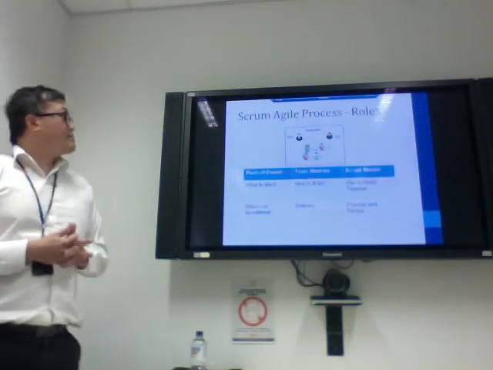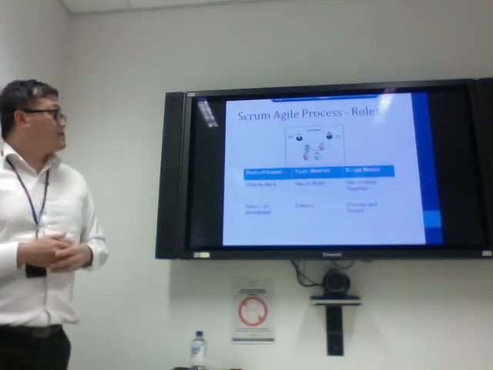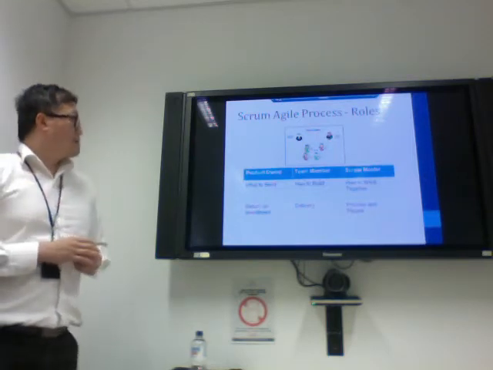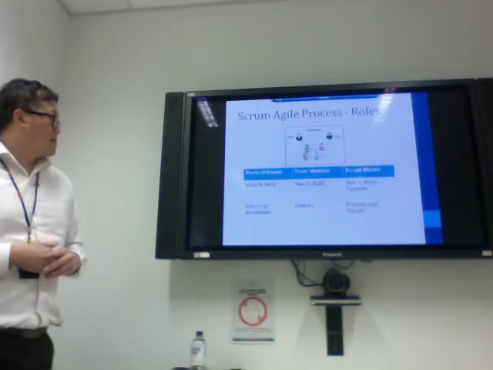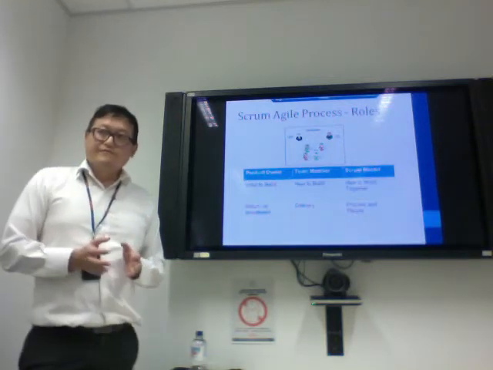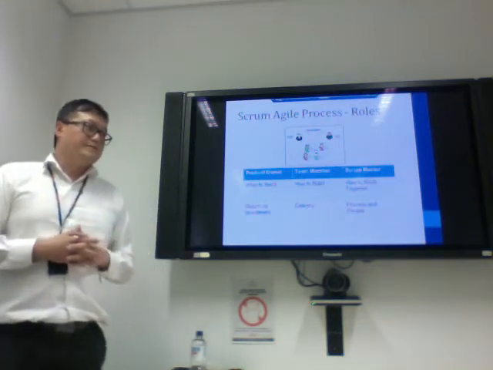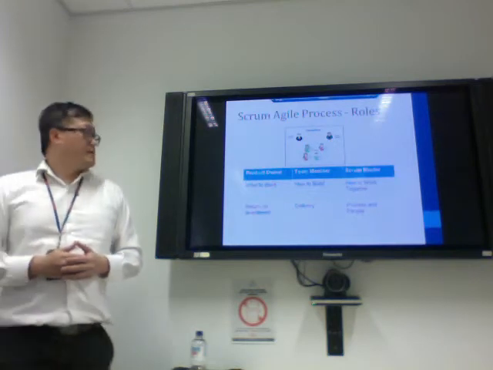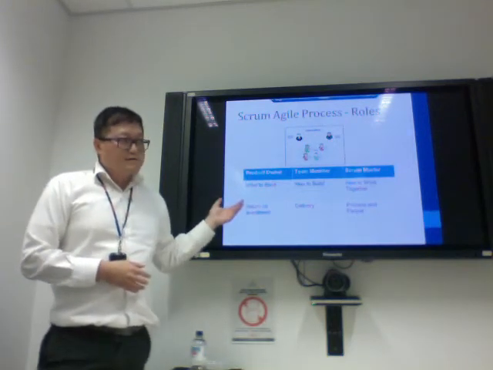So the Scrum Agile process has the roles of the product owner, the Scrum Master, and the Scrum team. The roles are described in the slide here. The product owner is responsible for the business end of the project, so he knows the business value and the priorities of all the items on the backlog. So he will advise the team what to build.